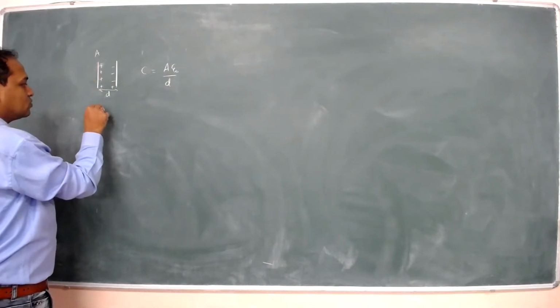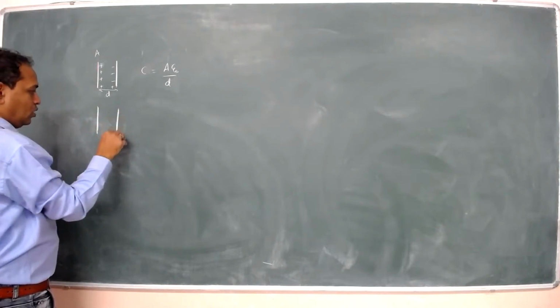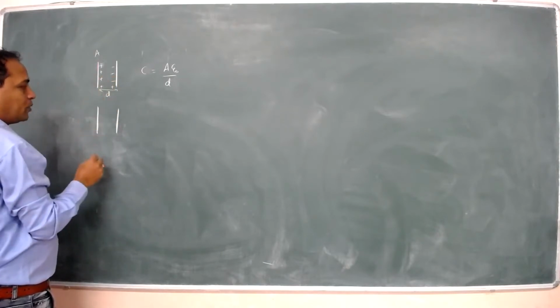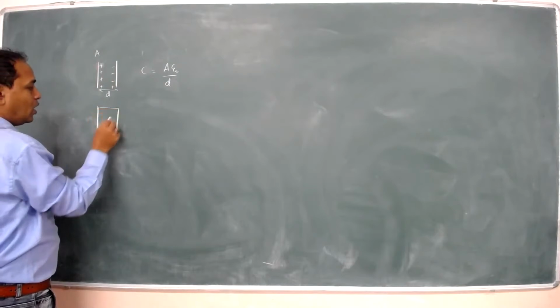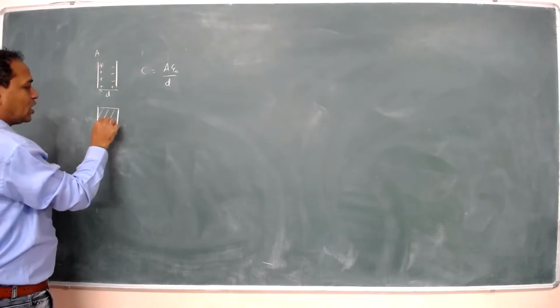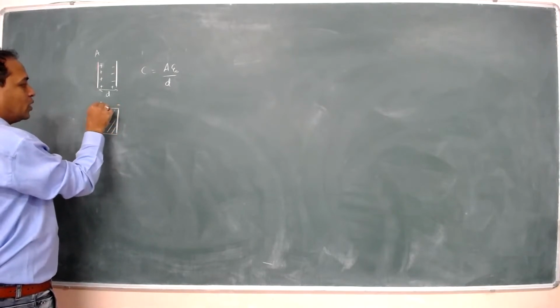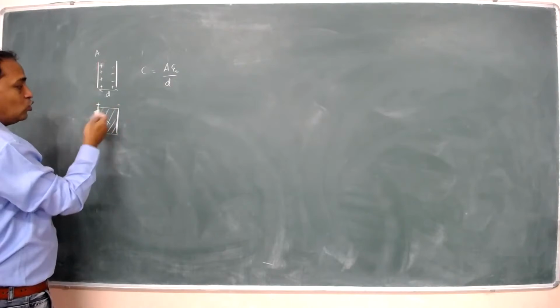If instead of this, between these two plates, a dielectric slab of dielectric constant K is introduced. This is the positive plate, this is the negative plate. Now, what is the new capacitance?